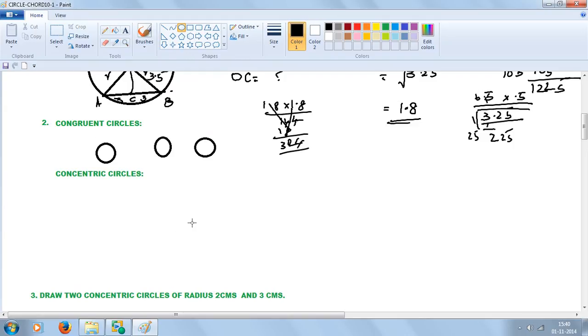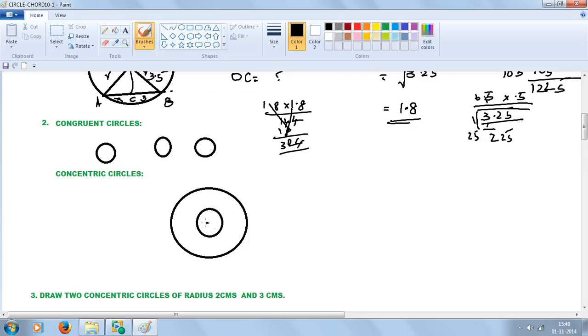What would be a concentric circle? You have got a circle. Okay. So you have another circle inside, and with the same center. Center is the same.